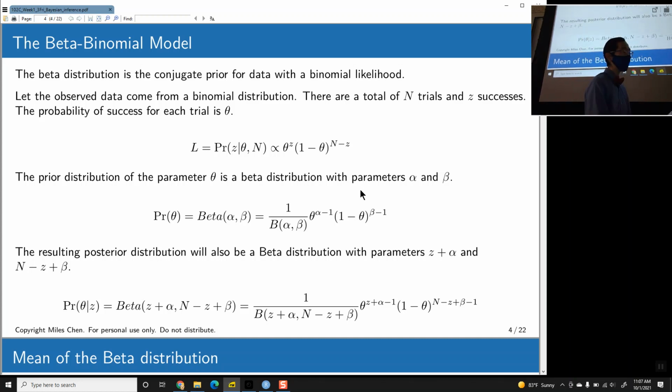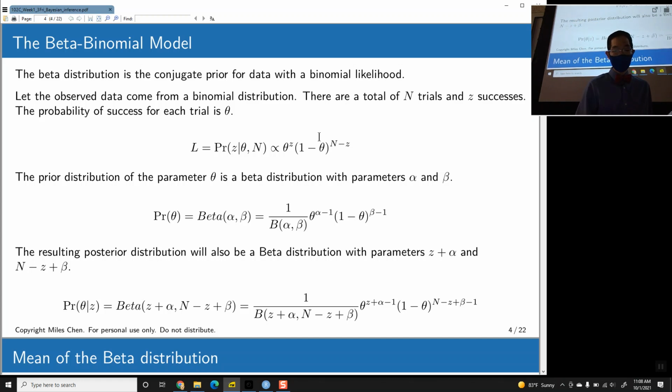The probability of a success for each trial is theta, and therefore when you calculate this likelihood, ignoring any constants, it's proportional to theta raised to the z, theta being the probability of success, which happens z times, whereas the probability of failure is 1 minus theta, and if you have a total of n trials, it happens n minus z times.